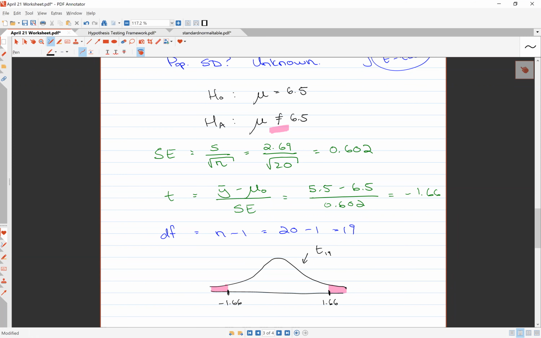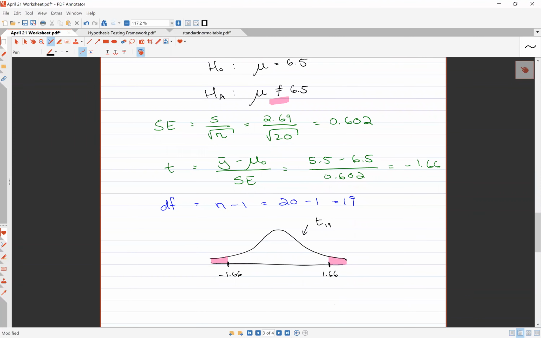The good news is, because of symmetry, if you just calculate one of the tails, you automatically know what the other tail is. So in this case, that translates to, we can use our t calculator to find the probability that a t distribution with 19 degrees of freedom is less than or equal to negative 1.66.